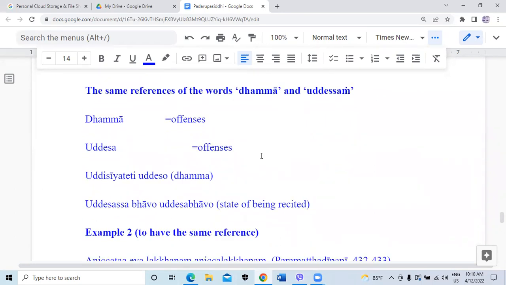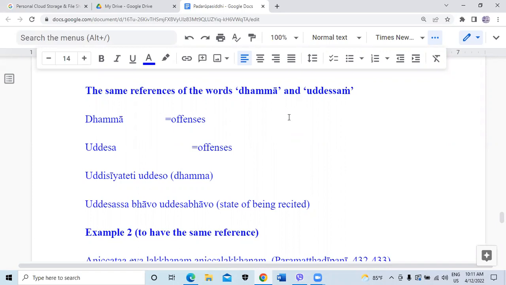So here, if we don't consider the word uddesa as Bhavalopa or Bhavataddhita, uddesa also refers to dhamma, which we recite, the 13 Sanghadisesa offenses. So what is the subject of agachanti? The 13 Sanghadisesa offenses. If so, dhamma and uddesa would be the same. There must be no such thing in a sentence, that subject and object are the same.